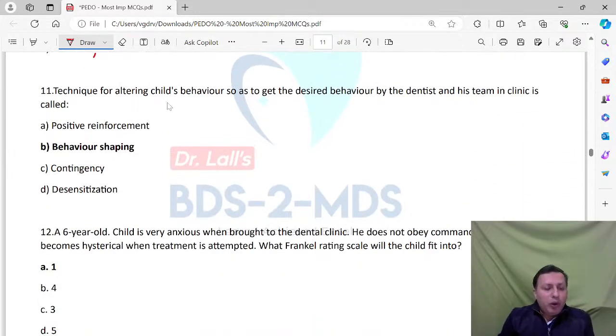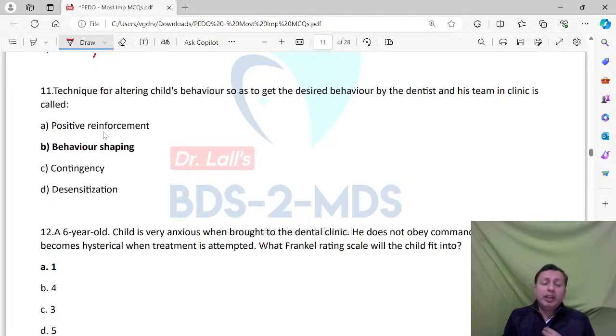Now, the technique for altering the child's behavior so as to get the desired behavior by the dentist and his team in the clinic is called positive reinforcement, behavior shaping, contingency, or desensitization. I have told you the difference between behavior management and behavior shaping.